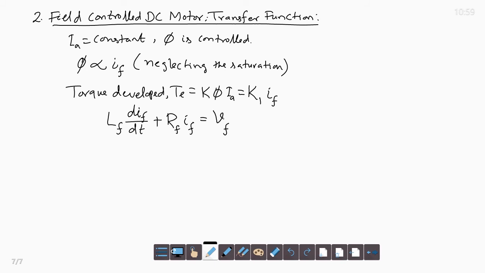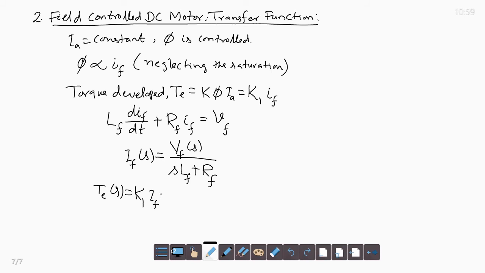So, taking the transform, IFS is VFS divided by SLF plus RF. Further, torque transform TES is K1 into IFS equals J S square times theta S plus F S theta S from the torque balance equation which we have just discussed in the previous slides.